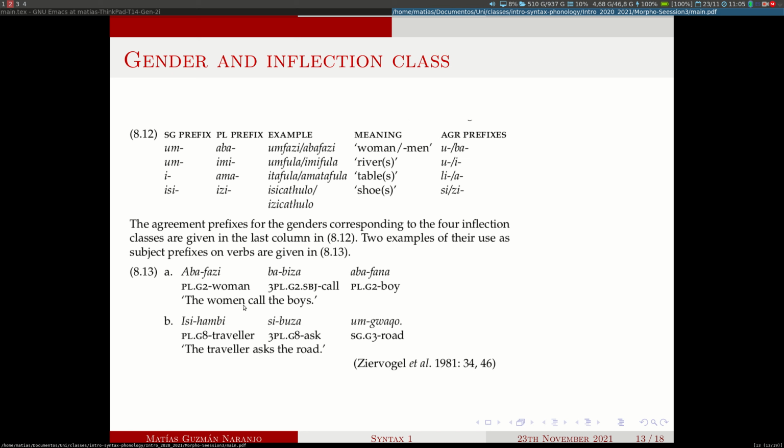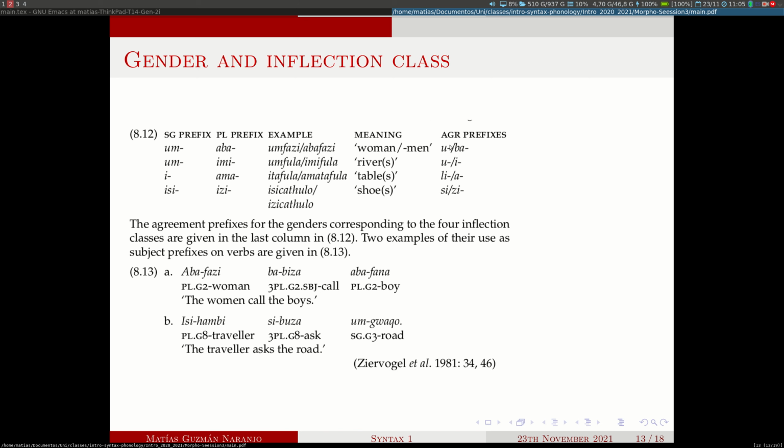Okay, so it should be quite clear. The inflection class of woman, you see it here. It's inflected for plural with awa, which is the plural prefix for this inflection class, and the verb has the agreement of the gender of woman.